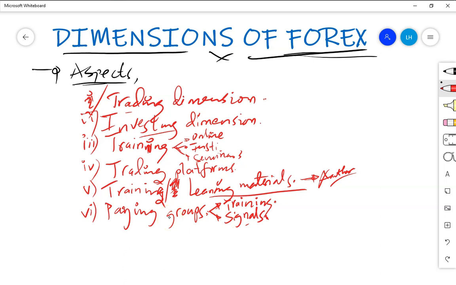And we have the last dimension, the seventh dimension. This dimension mainly includes people who are known as motivators.